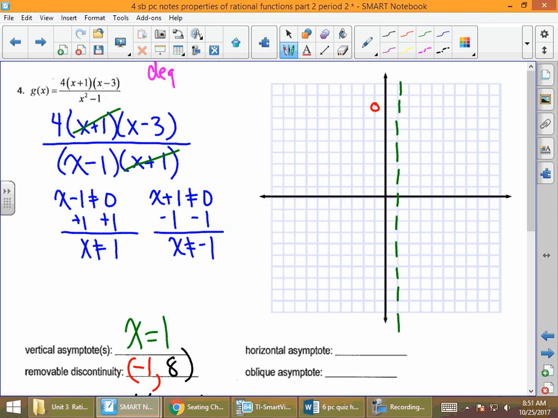Because we need to decide. So if you have to multiply that whole top of the fraction out, what degree would we get?